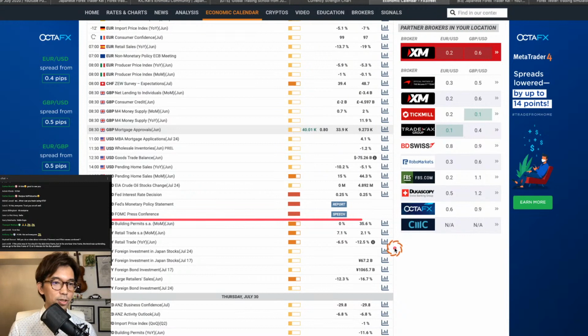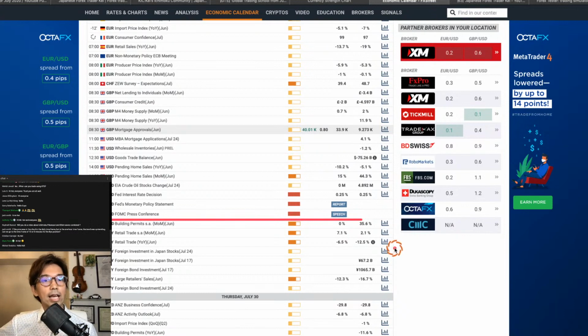So if you have a position with 80 pips or more profit, then I usually cut the position with a profit, and I just come back to the chart after the event. But if I don't have any positions, then most likely I will just watch the market and come back to the chart afterwards anyways.